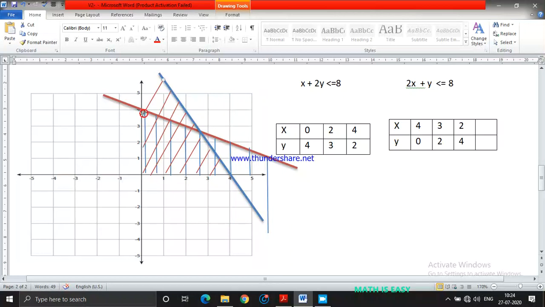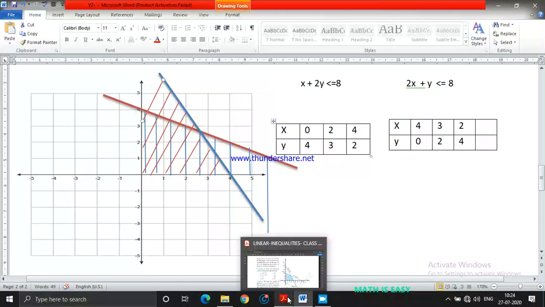Now you can see where both the color lines are mapping with one another. This is the portion where both the color lines intersect. So this region will be the common solution for the given equations.